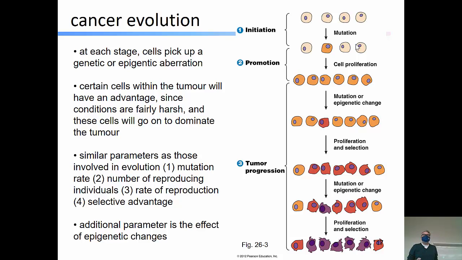Within the tumor itself, once the tumor starts to form, we may have lack of circulation, so we may be lacking things like oxygen or nutrients. There's the immune system to deal with, and so there are all of these selective pressures on the cancer. And the parameters that affect it are mutation rate, number of reproducing individuals, rate of reproduction, and selective advantage. And these are the same things we see in a population driving evolutionary changes.